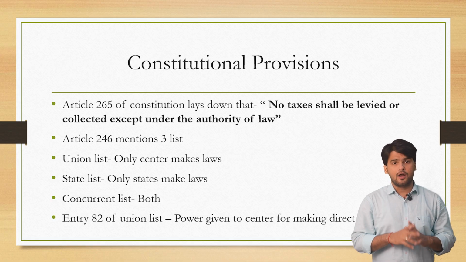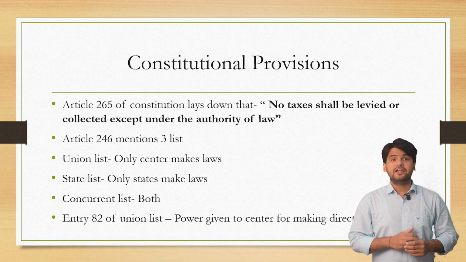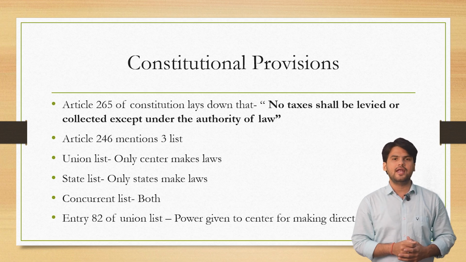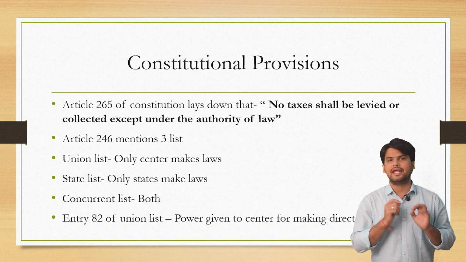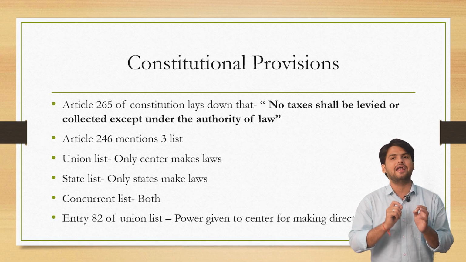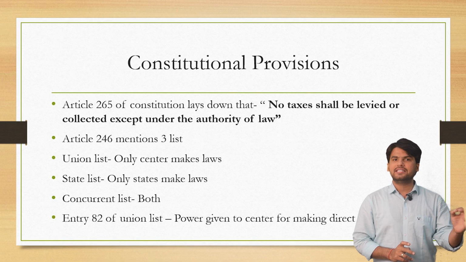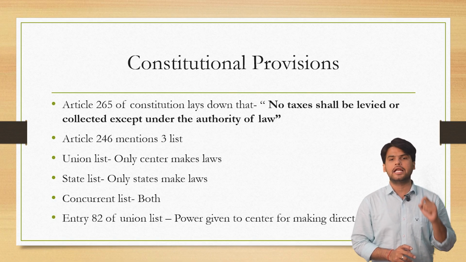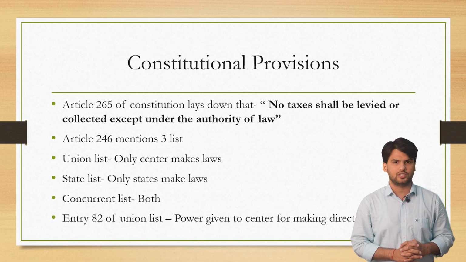Now you would ask, sir, where is income tax situated? Under entry number 82 of the union list, the central government gets the power to levy direct income tax on the citizens and residents of the country. So entry number 82 is the source of the power of the central government because it is mentioned in the union list of the Constitution.